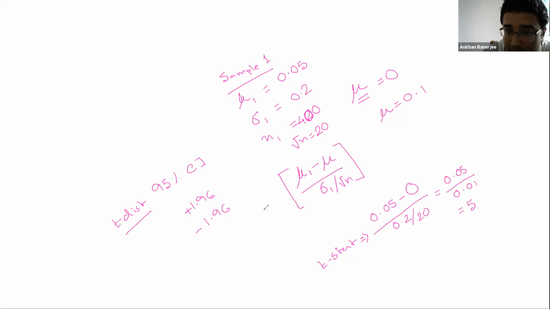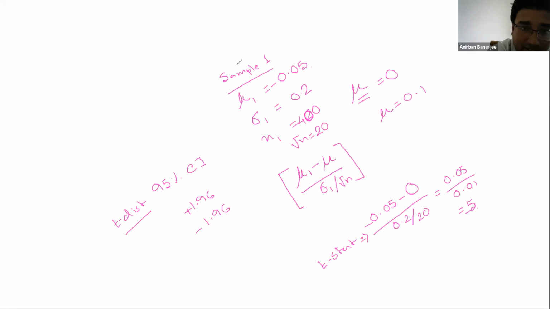If it is outside the range of plus 1.96 to minus 1.96, it's very well possible that it is negative, so you can just change the sign and you will find that it comes out to be minus 5. But it is still outside the range. If that be the case, your mean return is statistically different from the value of 0.